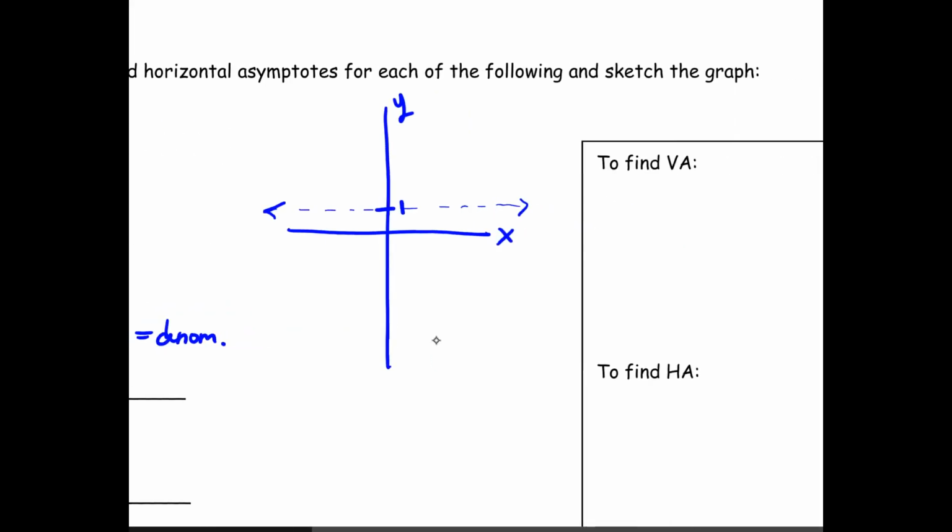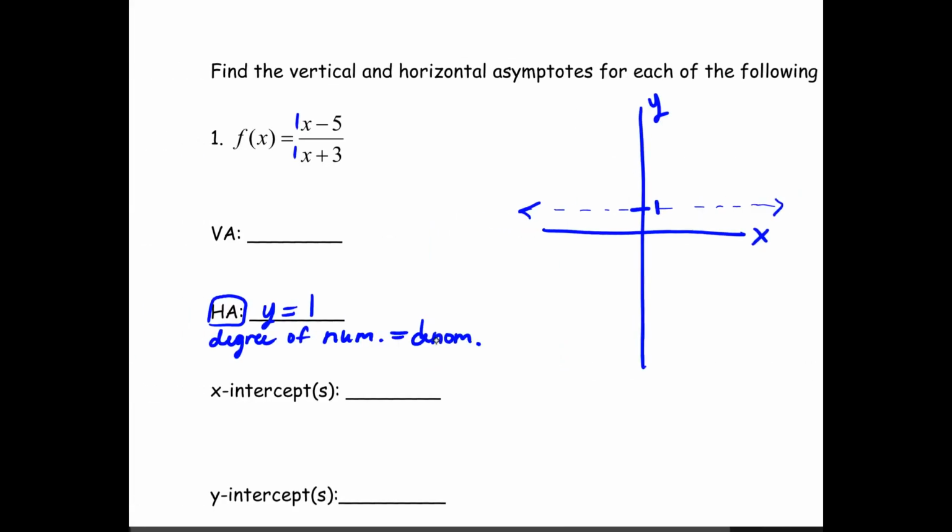How do you find the vertical asymptotes? You remember from the first page? Yeah, where the denominator equals 0. So where would the denominator equal 0 here? Now make sure you list it as x equals because it's not a hole. How do I know it's not a hole? You can't reduce it. Good.